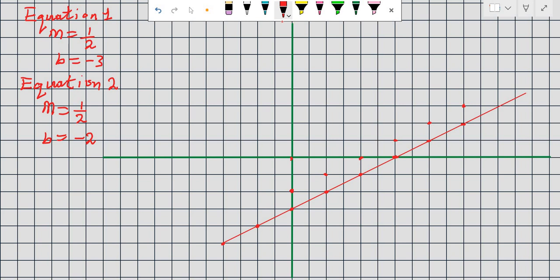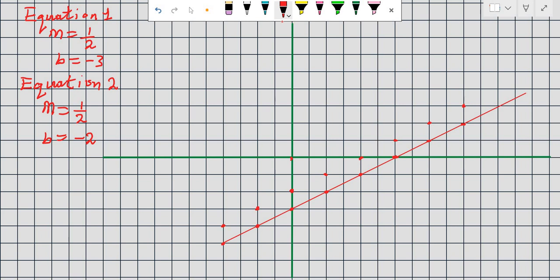We can also count from here 1 step down, 2 steps to the left.